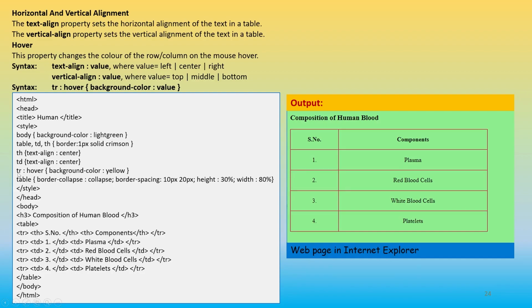Now the table row hover property turns the background color to yellow. The table border collapse value is collapse, which means there is no space between the adjacent cells, neither vertically nor horizontally. Border spacing is 10 pixels and 20 pixels.